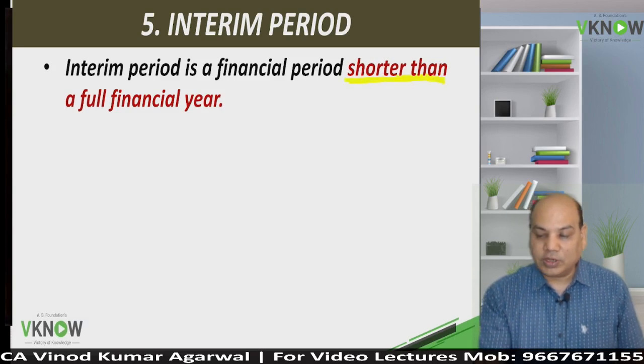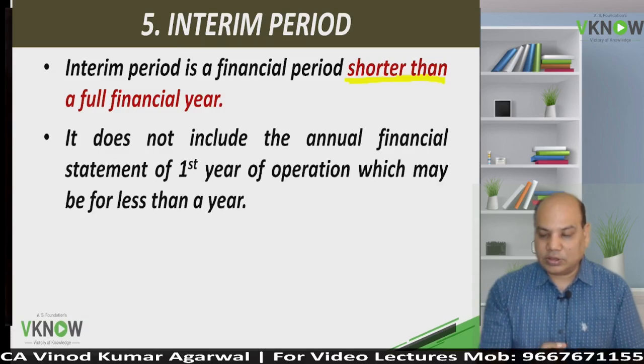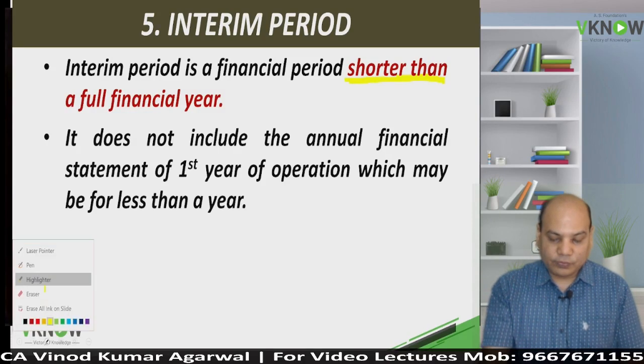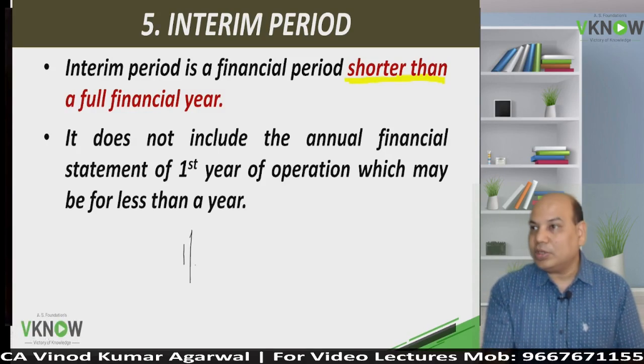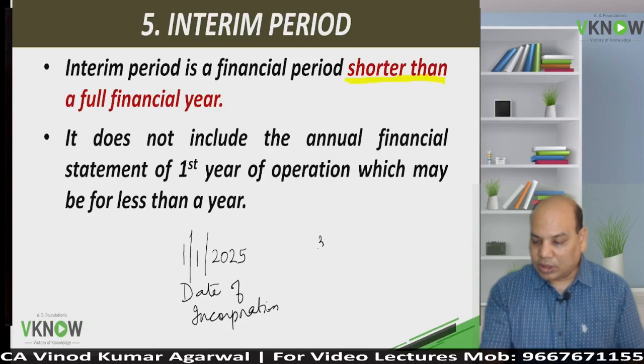Interim period means a financial report shorter than a full financial year. That means it covers a period less than 12 months. But sometimes, for example, a company may be incorporated on 1st January 2025 and its year ending date is 31st March 2025.